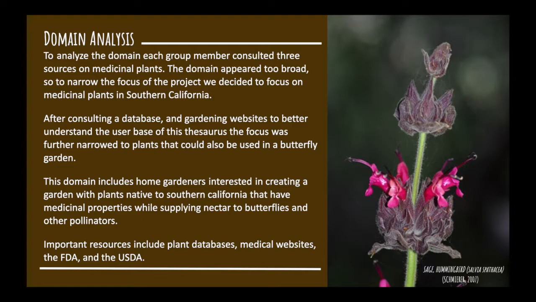Our domain specifically includes home gardeners interested in creating gardens with plants native to Southern California that have medicinal properties while supplying nectar to butterflies and other pollinators. Important resources include plant databases, medical websites, the FDA, and the USDA.